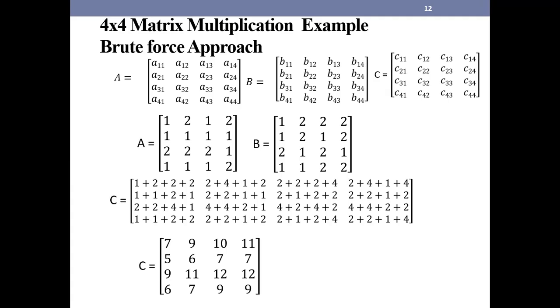In the first row, there are 4 multiplications for each value. So here we have 2 power 4, that is n power 4 multiplications. So this is the normal brute force approach.